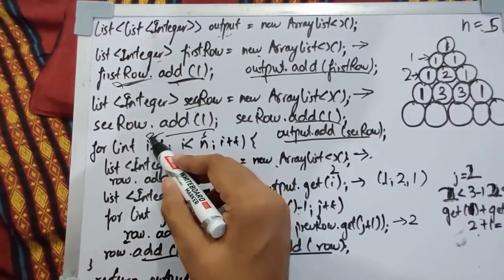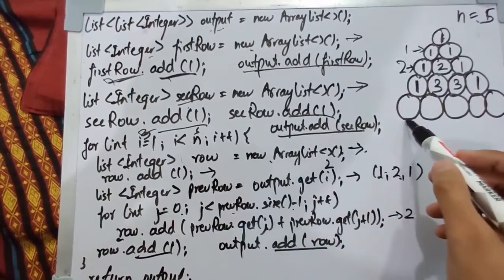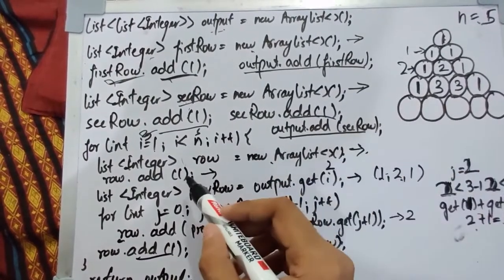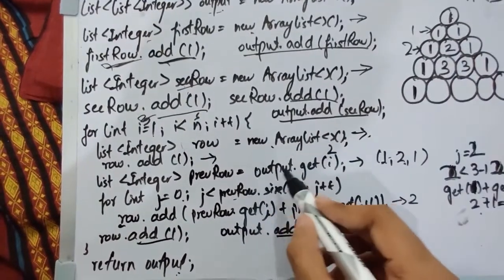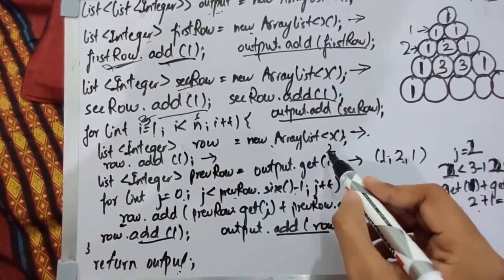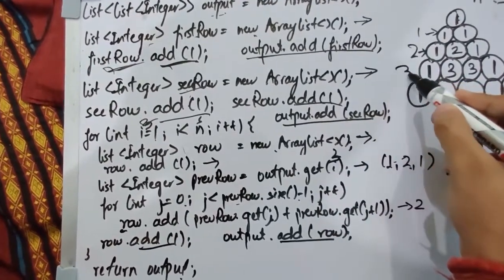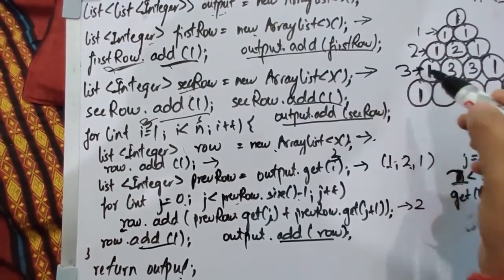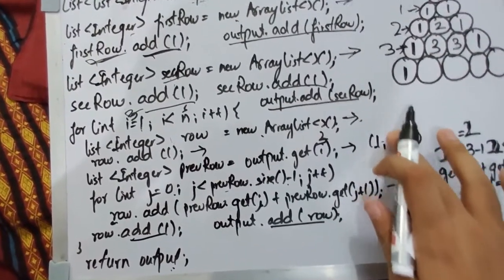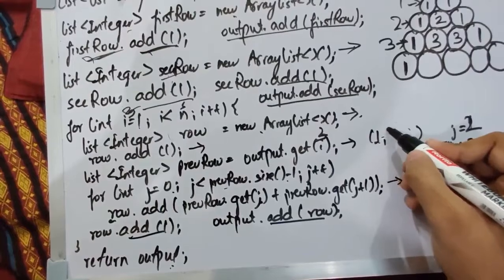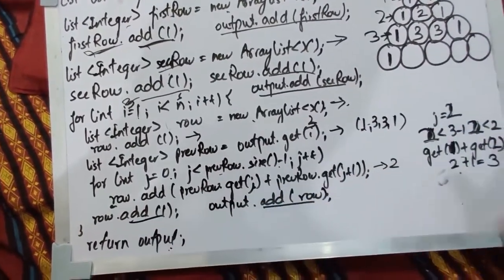Now i will have the value 3, so it will again create a new array list, which will be this one. It will add the first element as 1, and then it will fetch the previous row, which will be of index 3, which is this one. So this has the value 1 3 3 1. So again it will start the loop.